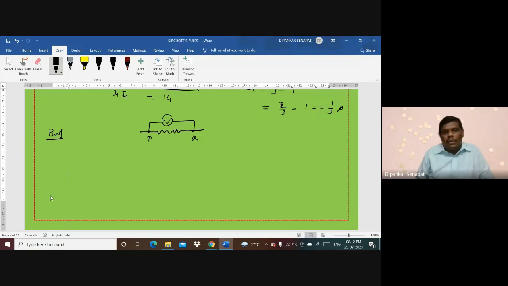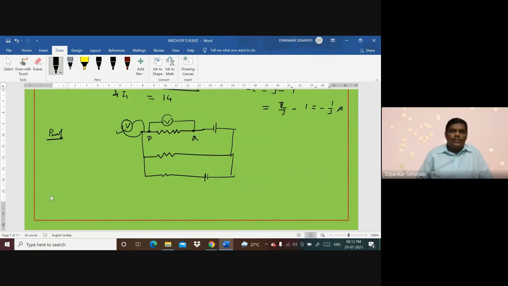Now if you take a closed circuit and connect the voltmeter to the same point only, what will be the reading in the voltmeter? It is simply equal to 0. So the potential difference between P and P will be equal to 0.